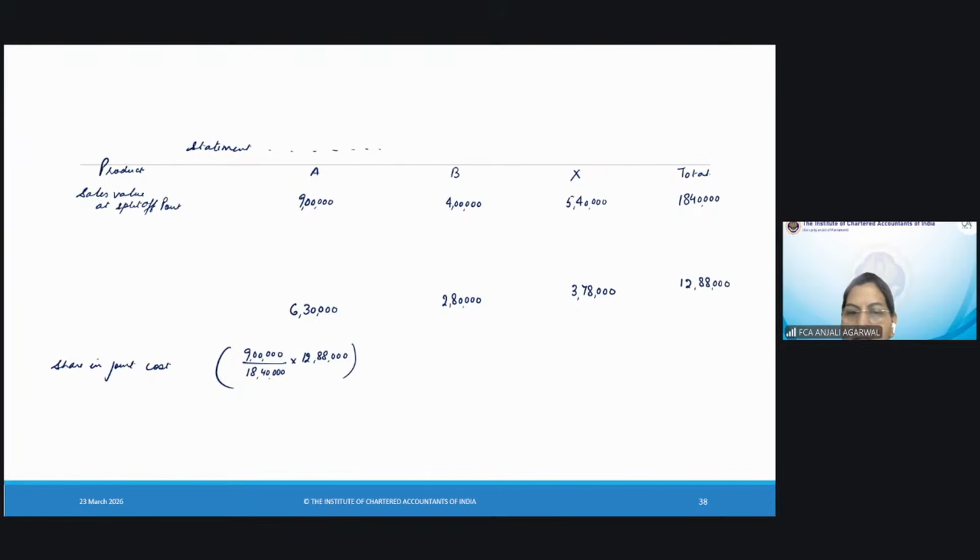We'll do one more thing here. We will also find out the cost per unit. 6,30,000 when divided by 18,000 units. And 3,78,000 divided by 54,000 units.